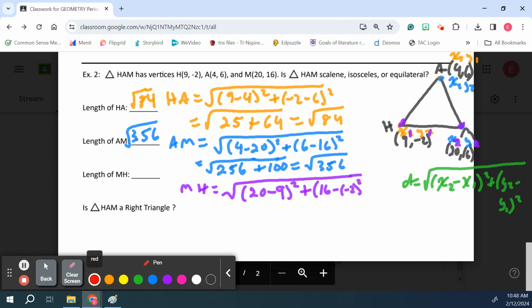One thing you have to keep in mind is that this is a negative negative, so both those become positive. So 20 minus 9 leaves me with 11, and 11 squared leaves me with 121. This ends up being 18. So 18 squared is 324. Add those up, I get the square root of 445.